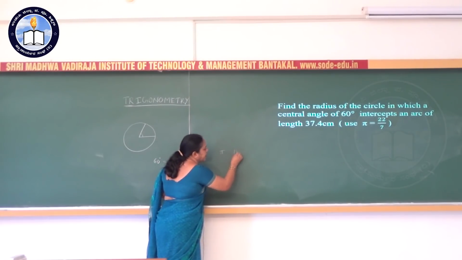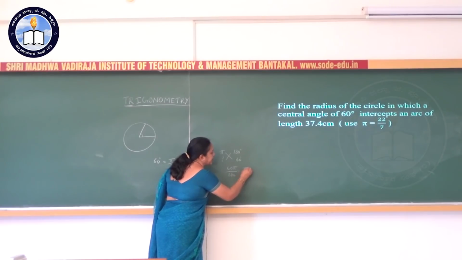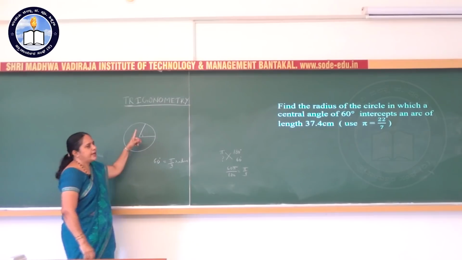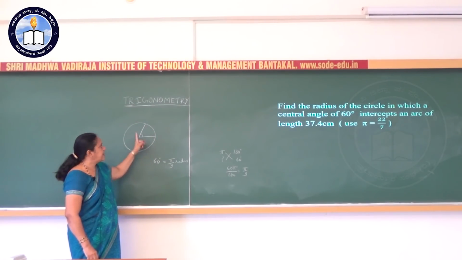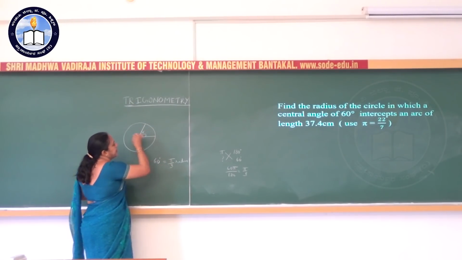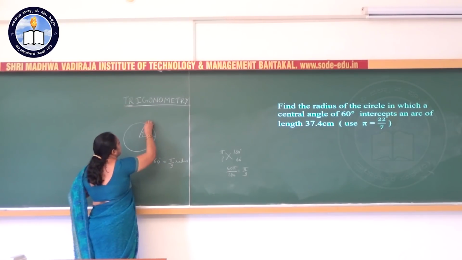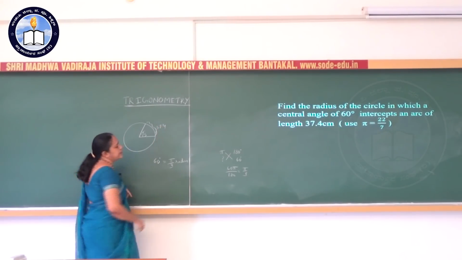Pi radians is equal to 180 degrees. 60 degrees, how many radians? 60 into pi divided by 180, that's equal to pi by 3 radians. Hereafter we denote angles in radians. So, 60 degrees is equal to pi by 3 radians, and given length of an arc is equal to 37.4 centimeters.